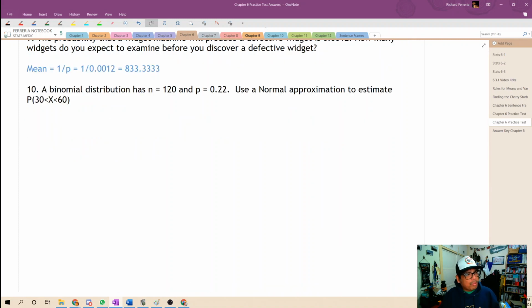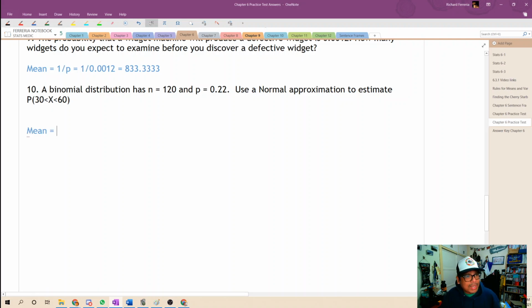Now the last thing for this video is number 10, where a binomial distribution has n equals 120 and p equals 0.22, and we're supposed to use a normal approximation to estimate the probability that x is between 30 and 60.